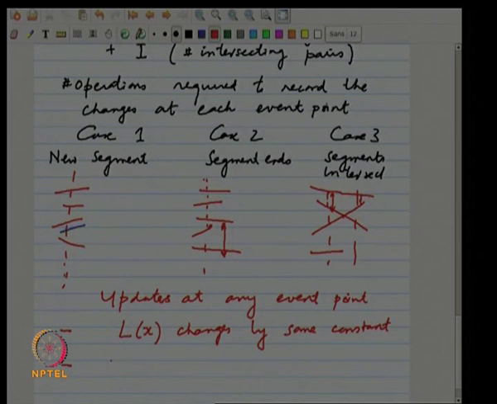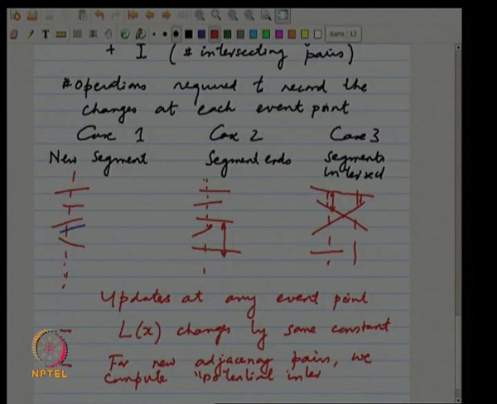So, for new adjacency pairs, we compute the potential intersections. And we must record this in the queue of event points that we are maintaining, and update.